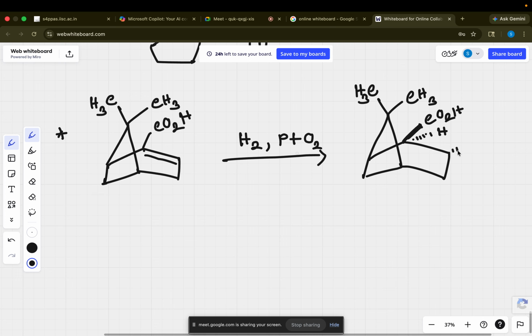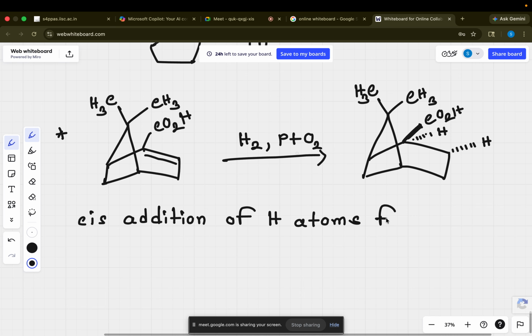So write down: cis addition of hydrogen atoms from less hindered sites.